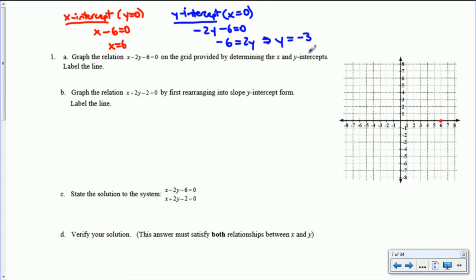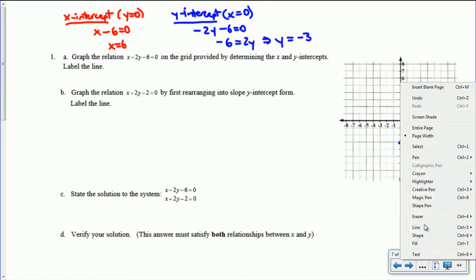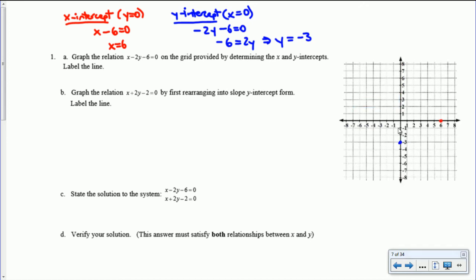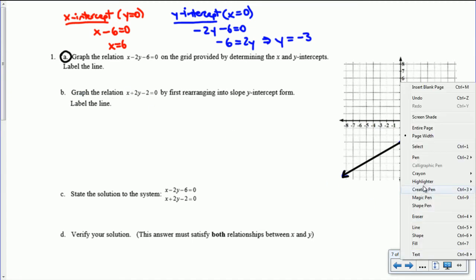Alright, so the y-intercept then will be here for this one. So let's draw that. Okay, just adjust that a bit. Okay, let's maybe just label that as A. And next we'll do this one.